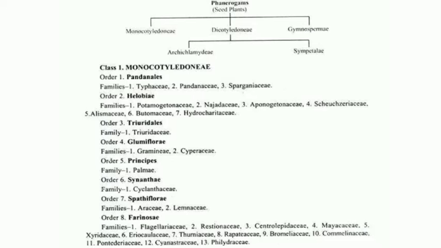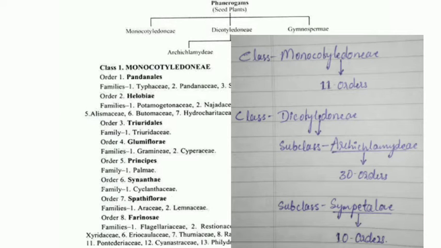Looking at the orders, the monocotyledonous is divided into 11 orders. Class dicotyledonous, in that Archichlamydae into 30 orders and Sympetalae into 10 orders. Better you pause the video and write down the data properly.